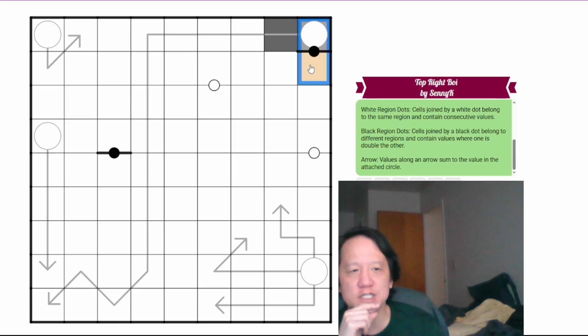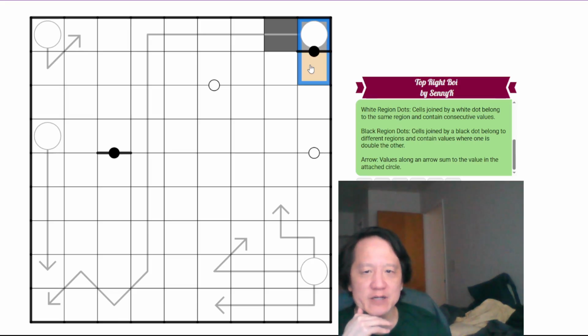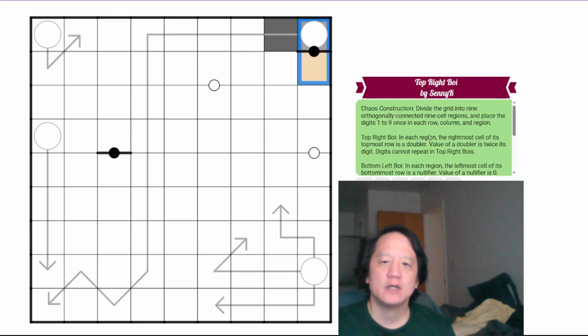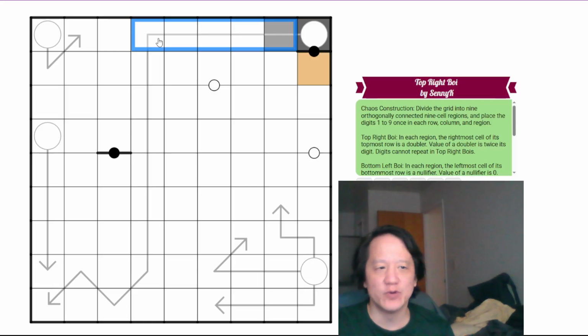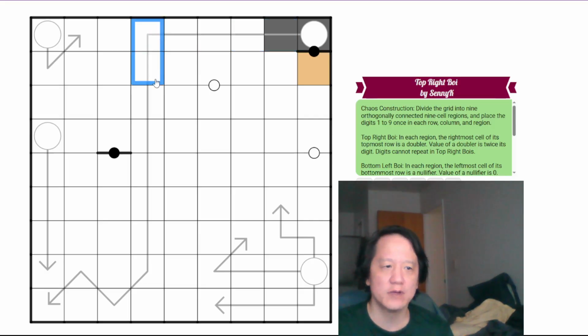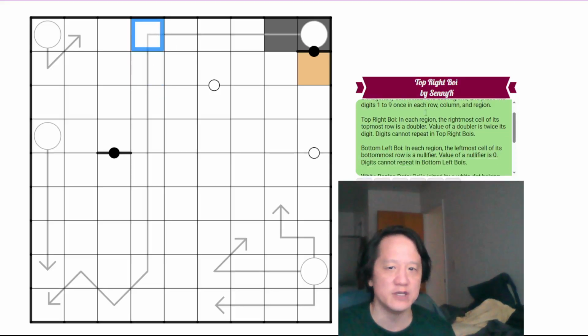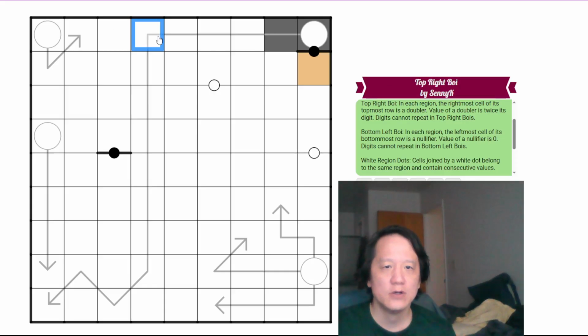Now the question is, what can be bottom left boys? None of these can ever be a bottom left boy. Either they go down, in which case this is not going to be in the bottom row, or the region has to continue somewhere to the left.